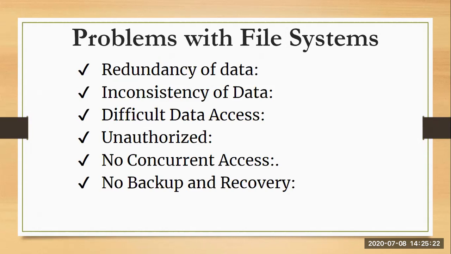Since these were offline systems, the data was redundant in nature, which means that the same copy of the data was stored at multiple places. Second, inconsistency of data. Inconsistency of data refers to multiple copies of the same data not matching each other. Third, difficulty in data access.